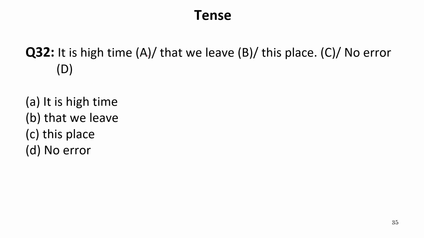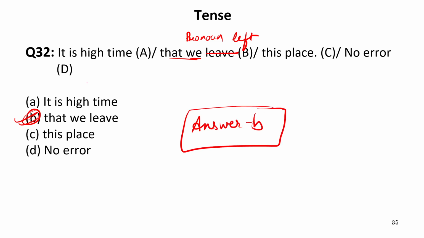Therefore, it is high time that we, we is a pronoun. So this leave should be replaced with left, that is the second form of the verb. So the error is in part B. So our answer is B, and the correct sentence will be, it is high time that we left this place. High time refers to the fact that this is a limit now.